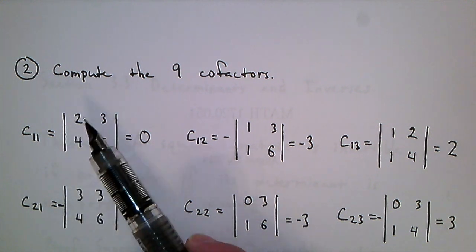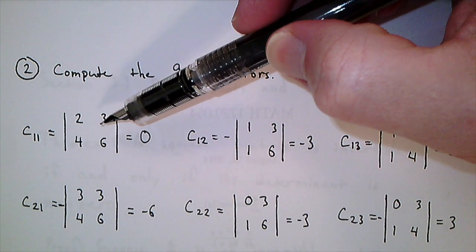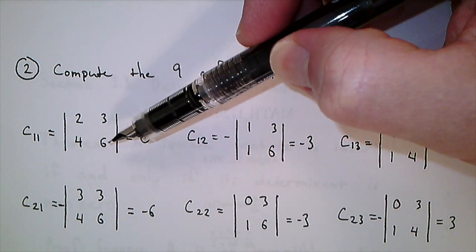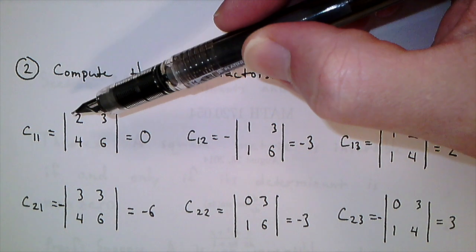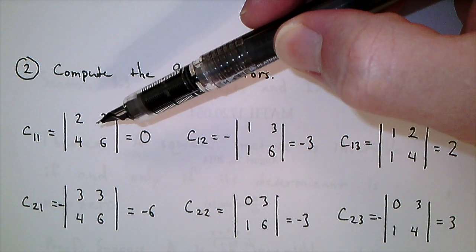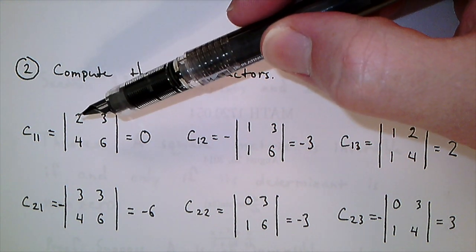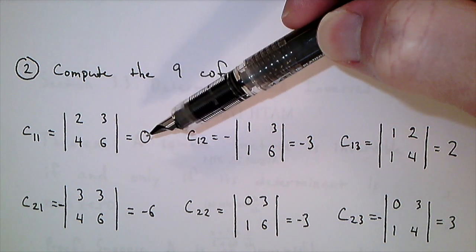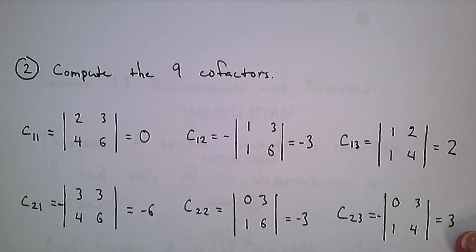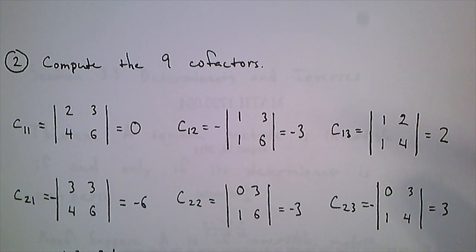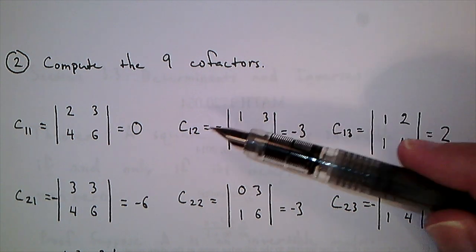So you do this 2x2 determinant, and remember to do that, you multiply the diagonals crosswise, and then take the difference. So in this case, you have 12 minus 12, and you get 0.